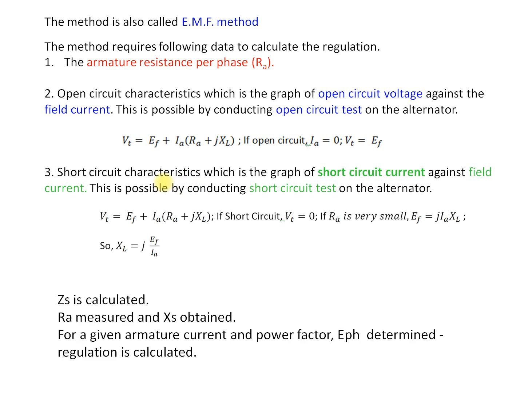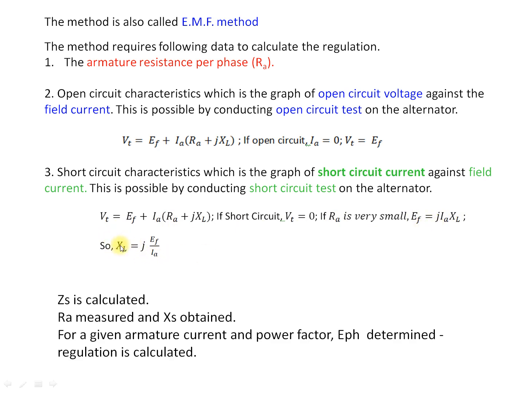So in the short circuit test, the terminals are short circuited, and our terminal voltage equation becomes VT equal to 0. If VT is equal to 0, normally Ra will be very small, so EF is equal to j Ia XL.